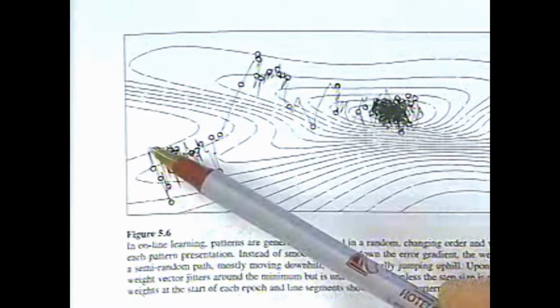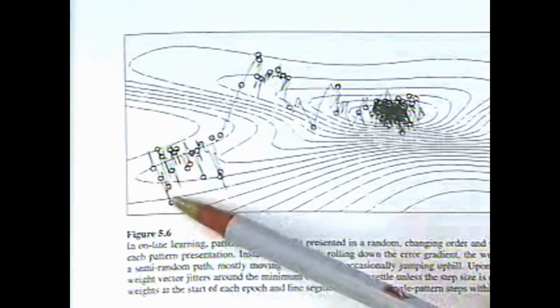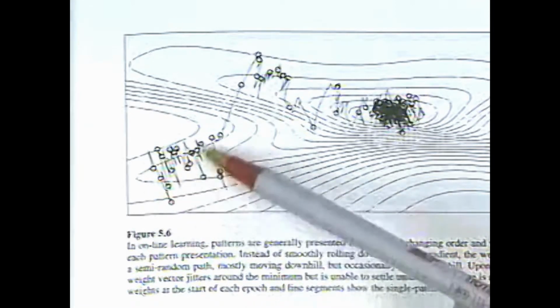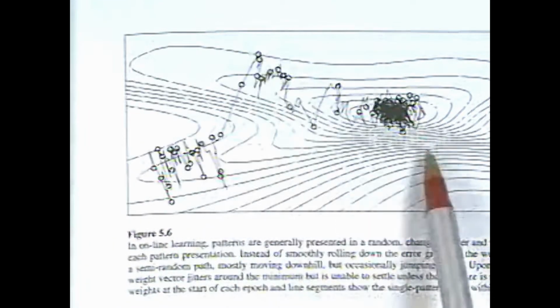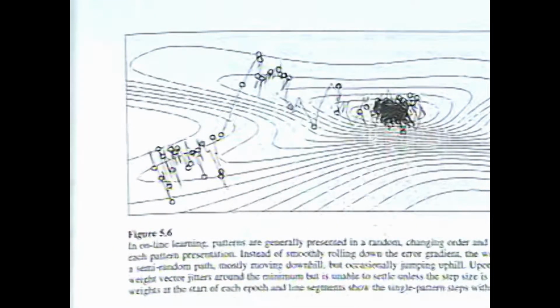We presented the second value, went over here, third value over here, fourth value. So it begins just to oscillate wildly because each piece of the data is under the influence of a different error surface, and so you're going to get this random sort of way of doing things. But hopefully all of these things will kind of average out, and eventually you'll slop around to the minimum. And it works pretty well.